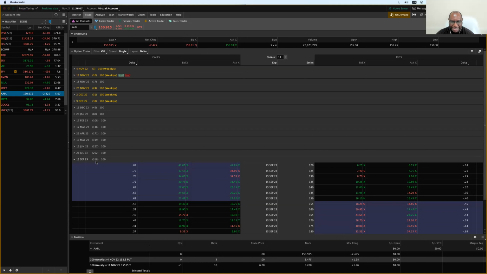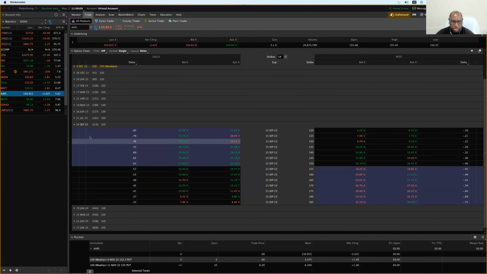That's 318 days away, and I decide that I want to buy the 150 contract right now, trading for $22.35 on this particular date that we are looking at, which was a few days ago.